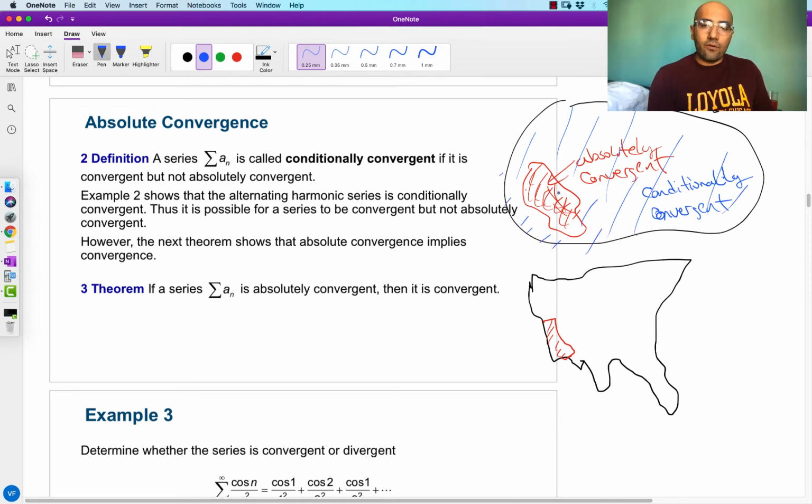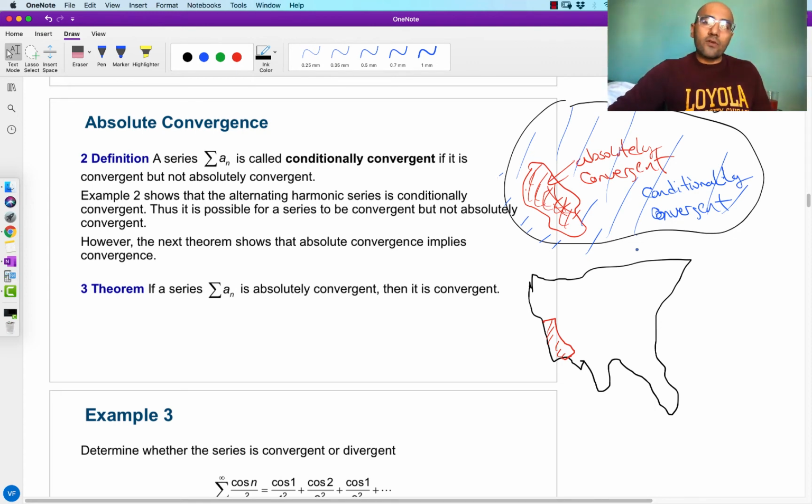And if you're absolutely convergent, then you're definitely convergent. So being absolutely convergent is a stronger statement. It gives you more information than conditionally convergent. An example of conditionally convergent was the alternating harmonic series. That one is conditionally convergent because it's not absolutely convergent.